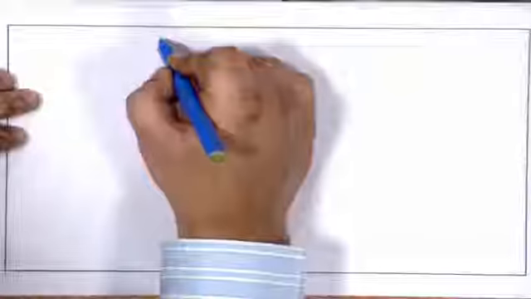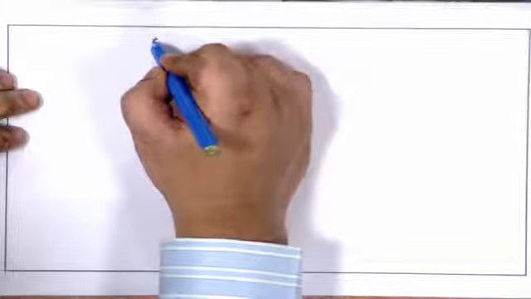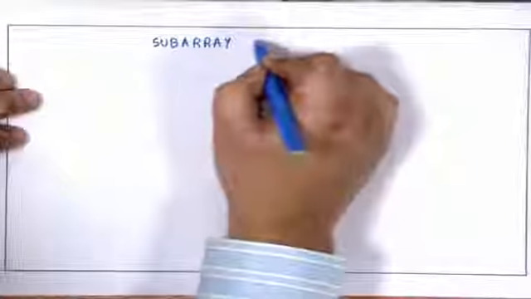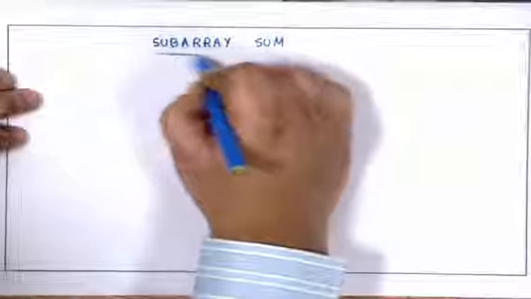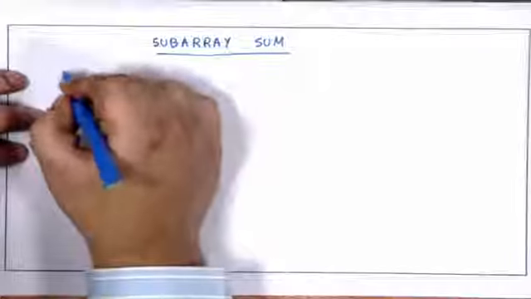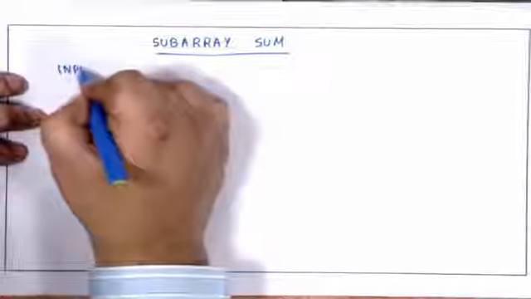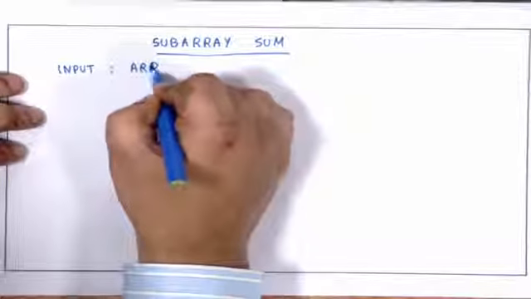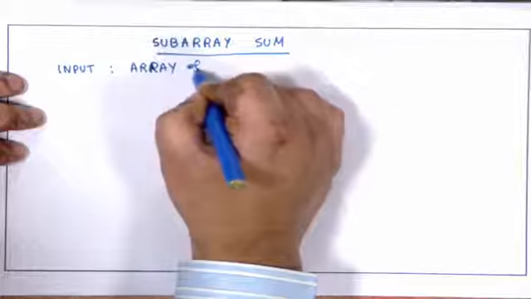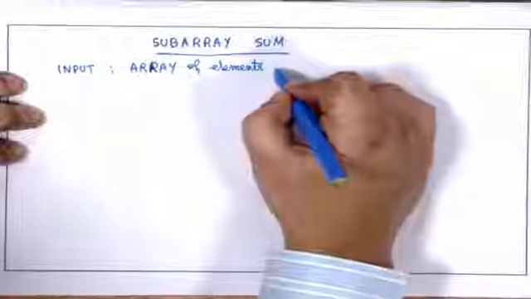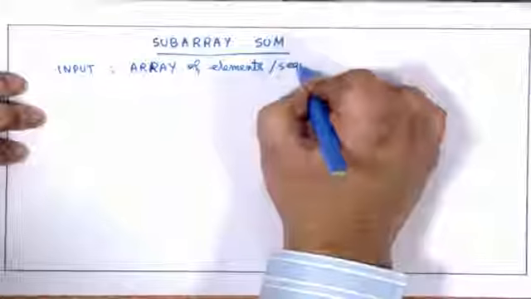Let us take an example where we are saying subarray sum. The problem is defined as follows. The input is an array of elements. So, it is an array or a sequence of elements.